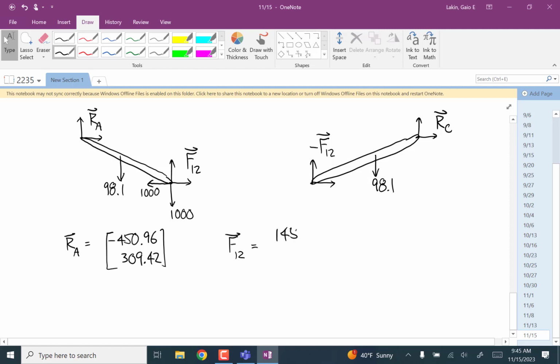F12 is 1450.95, 788.68. And RC is 1450.95, 886.78.